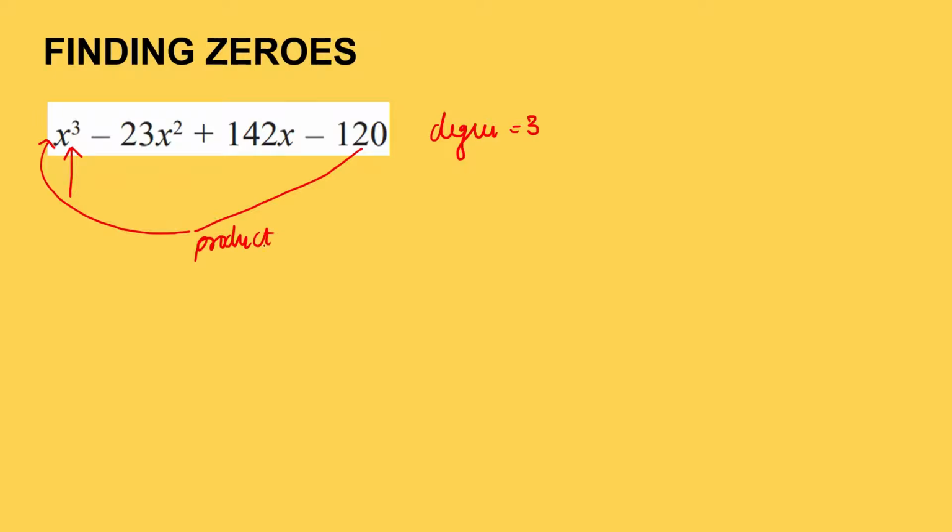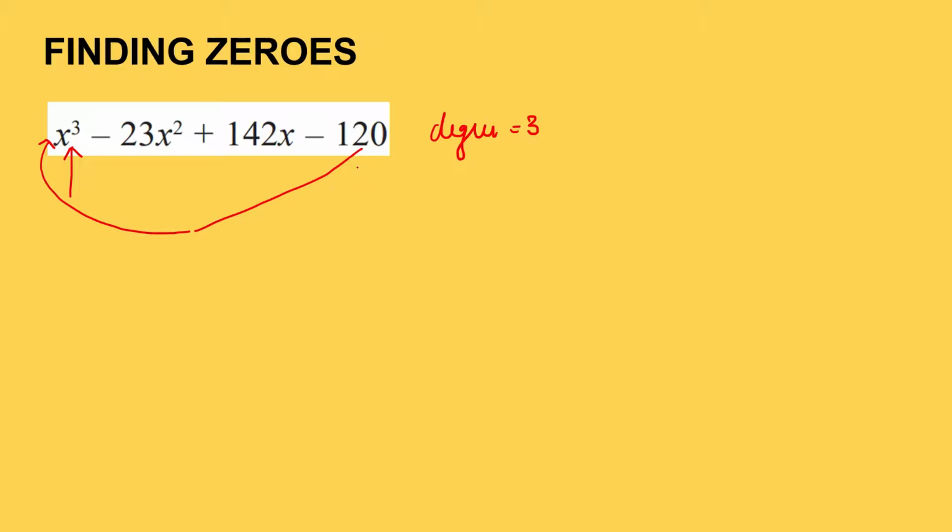उसके जितने भी factors होंगे, here 120 is the product, so इसके जितने भी factors possible हैं, all are. Now what is the basic thing to apply? Randomly हम कोई भी number उठा के नहीं करेंगे. We will multiply this constant term and the degree coefficient.